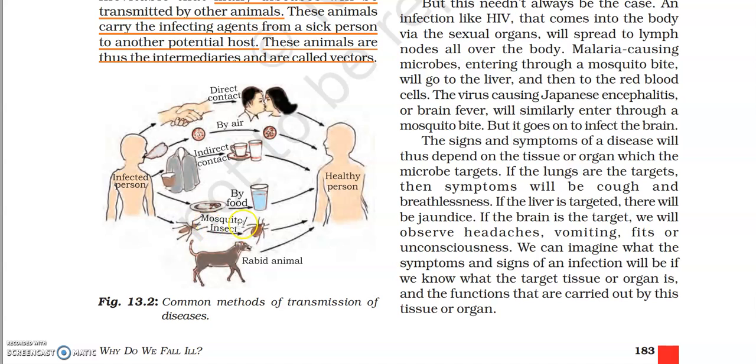If you take the example of a mosquito, the mosquito will bite the infected person and suck the blood of the infected person, and the same mosquito can bite a healthy person in the family, and this blood can be transferred into the healthy person. So even the healthy person will be infected, right? This is how mosquitoes and flies and other animals like vectors spread this disease.